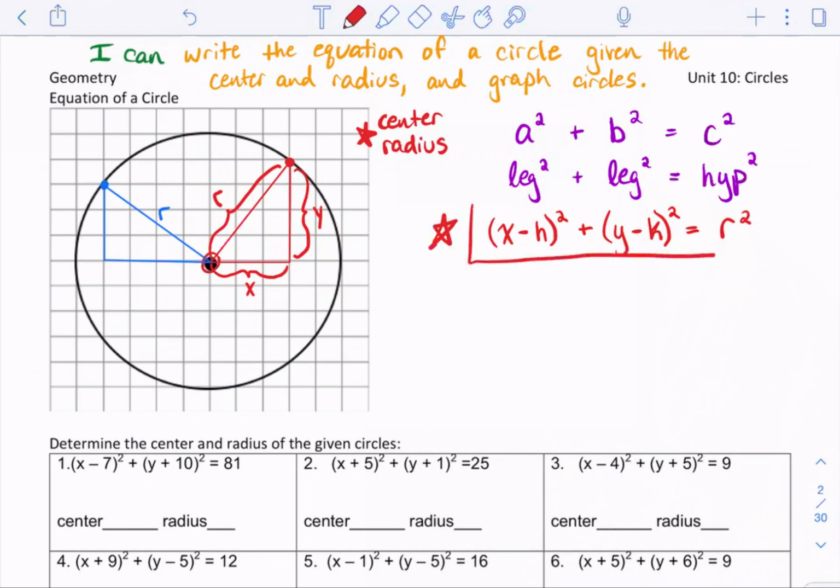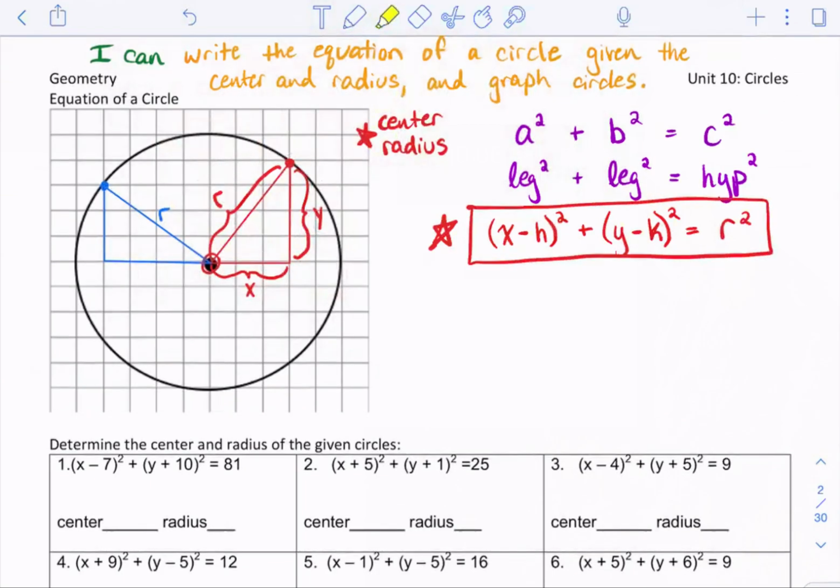If anything, this is what you want to copy down, because the only parts of this formula that you are going to replace are the h, the k, and the radius, where the h and the k represent the center of the circle. So that's the coordinates for the center of the circle, and r is the radius.